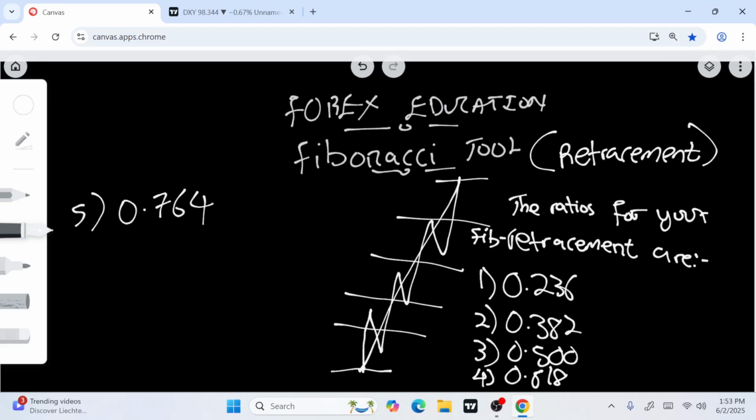So these are the given ratios of your Fibonacci retracement that can act as support and resistance when the market gets there.